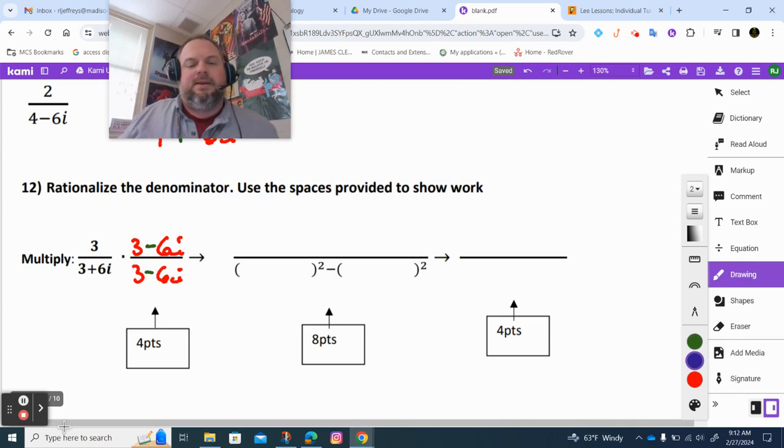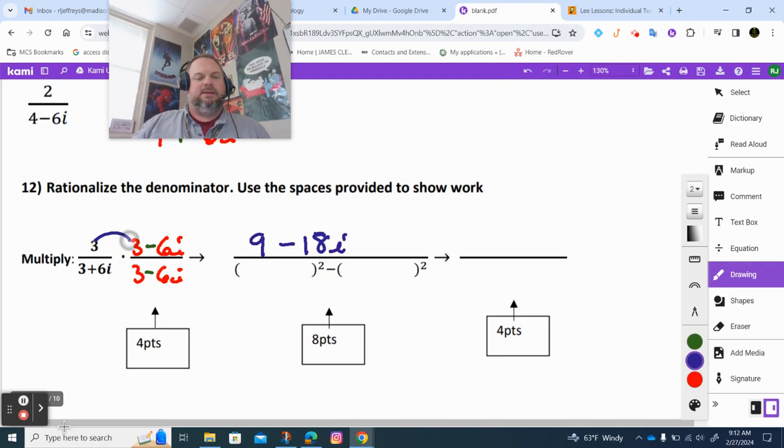Now, up top, this gives us 3 times 3. This is 9 minus 18i. Okay, this is 3, 6i. All right, so this stays the same.